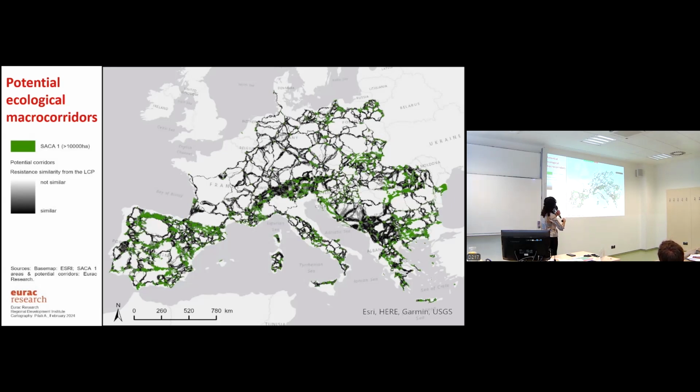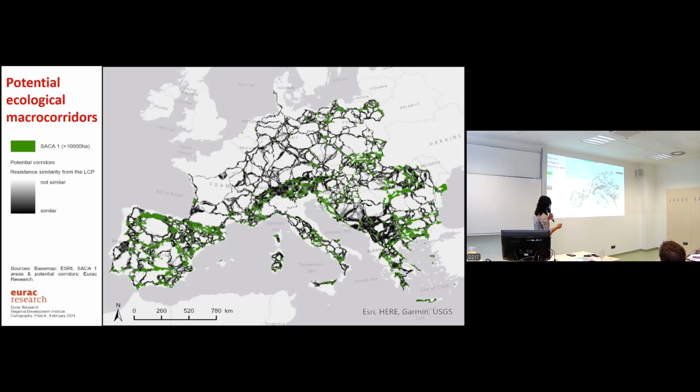So there are more narrow corridors that correspond mainly to narrow strips of the most permeable areas going through disturbed urbanized areas, while in other, more natural areas, the possibilities for these corridors are greater.